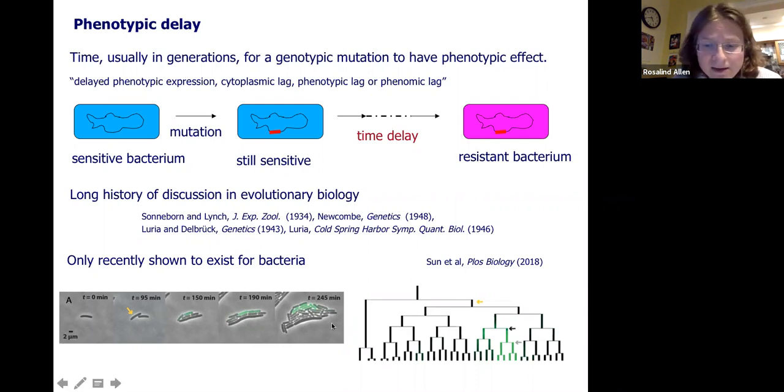And so you can see here in this genealogical tree, the genetic mutation is triggered when the red arrow happens, and you can see that it's several generations later when the genealogy goes green, and that's when the phenotypic effect of this model mutation happens. So bacteria also can show a phenotypic delay.